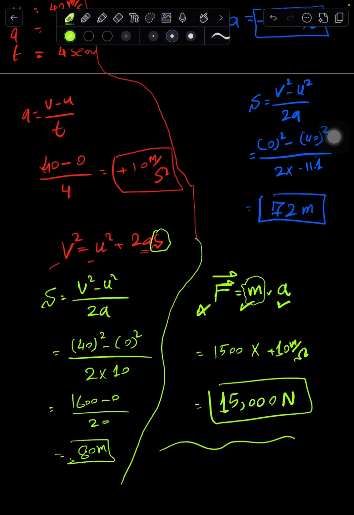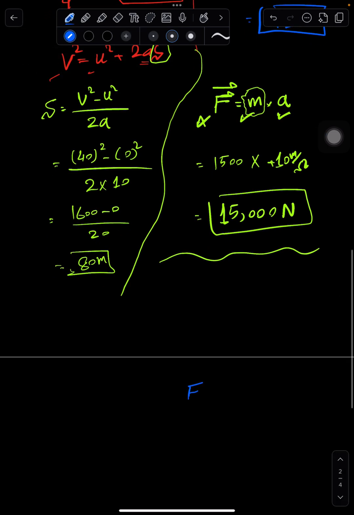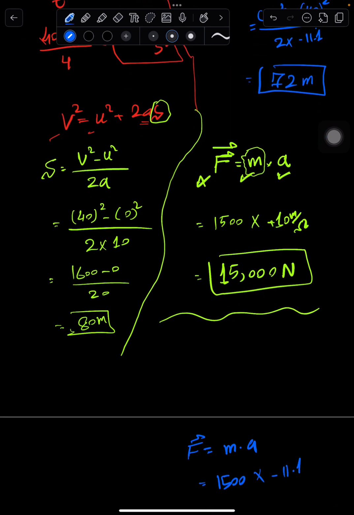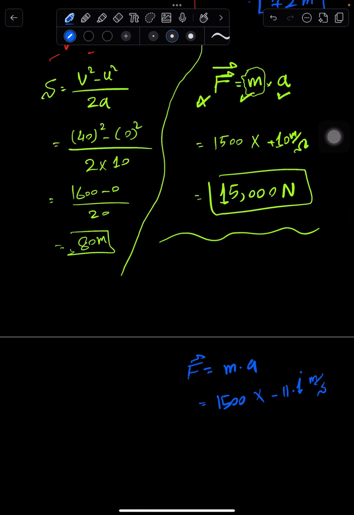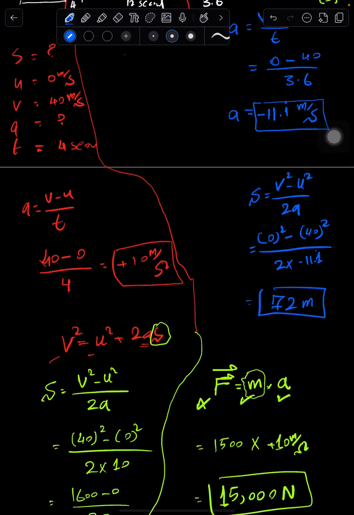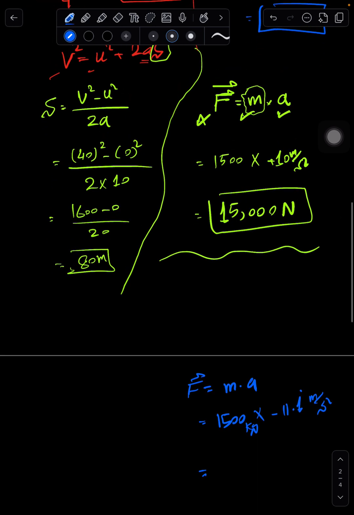Okay, if we use the same equation to calculate the force caused by friction to slow the vehicle down, F equals ma, okay, and mass is the same mass of the vehicle, which is 1,500 kilograms, multiplied by the deceleration rate, which in this case is minus 11.1 recurring meters per second squared, and your answer should be, that's 10 over 0.9, 100 over 9, so that is 9 times 15.